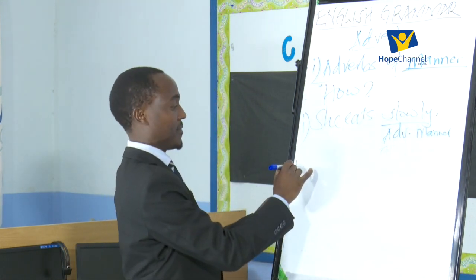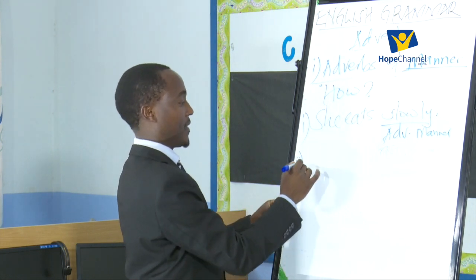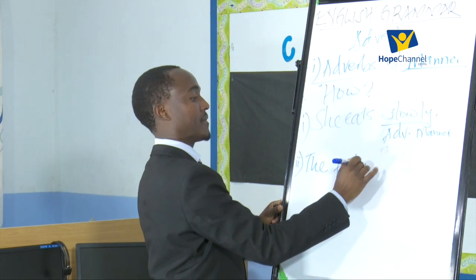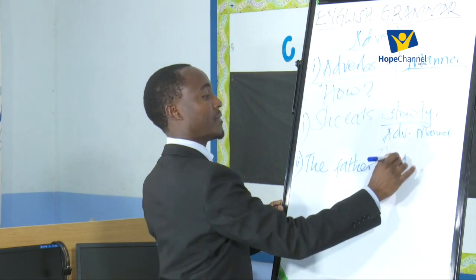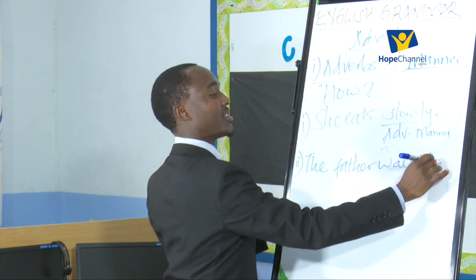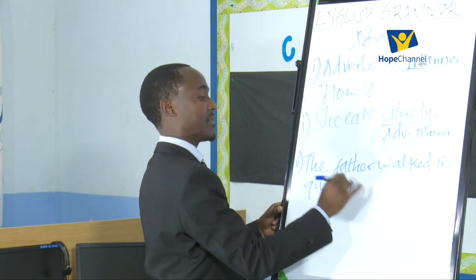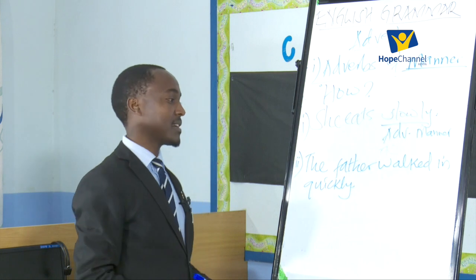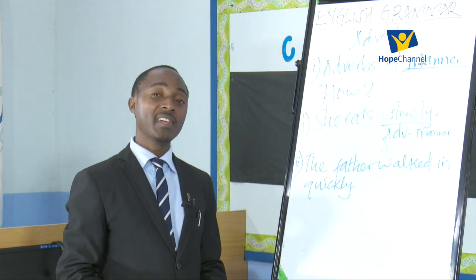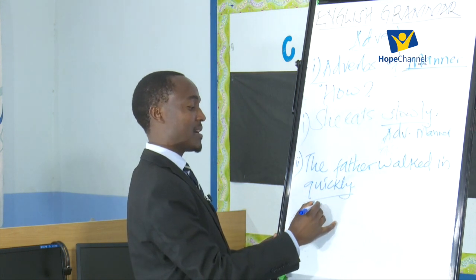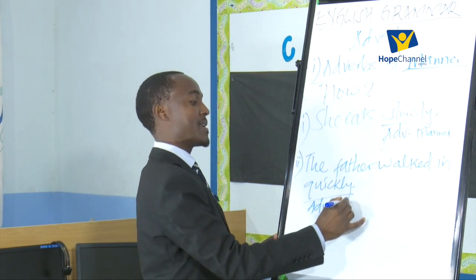Another example. The father walked in quickly. So what question will we ask here? How did the father walk in? And the answer is quickly. So quickly becomes our adverb of manner.